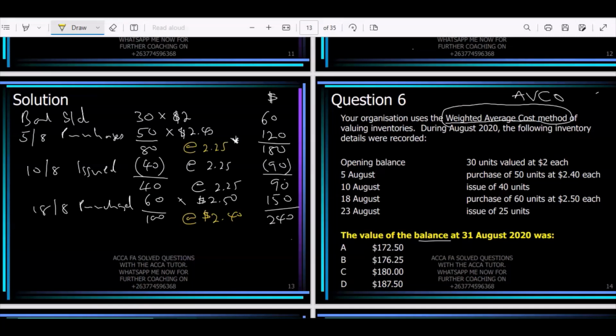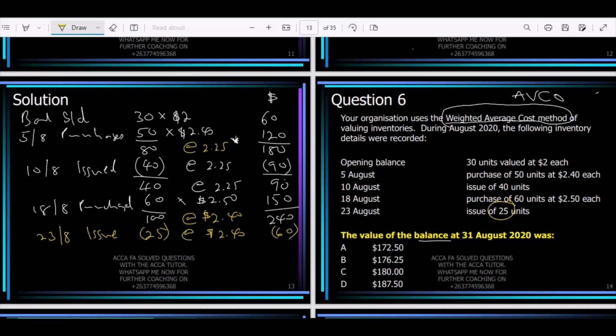When I now calculate the issues on the 23rd of August, 25 units were issued at the average price of $2.40. So 25 multiplied by 2.40, how much is that? That's $60. Remember, these are issues, so they should be negative.